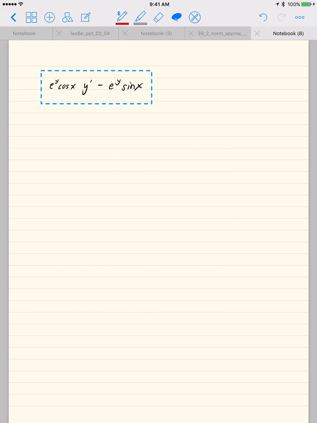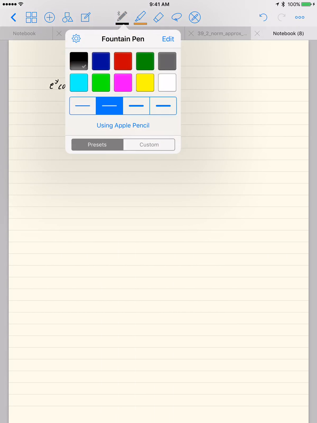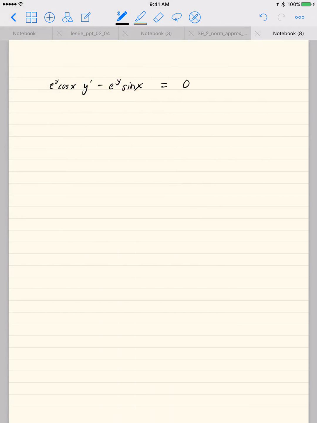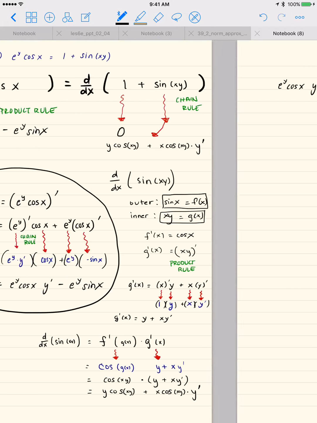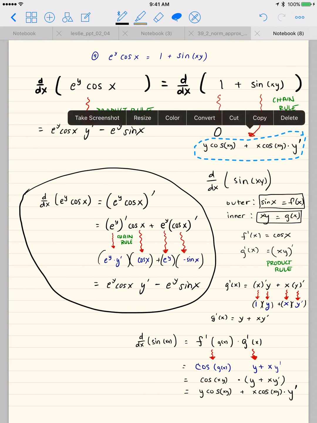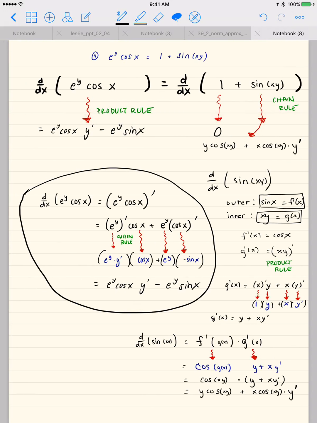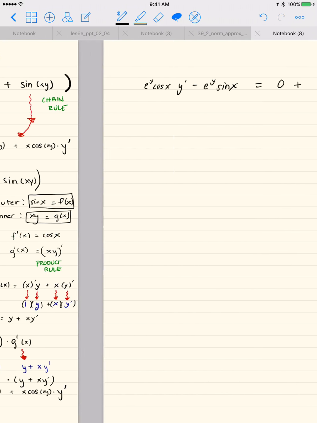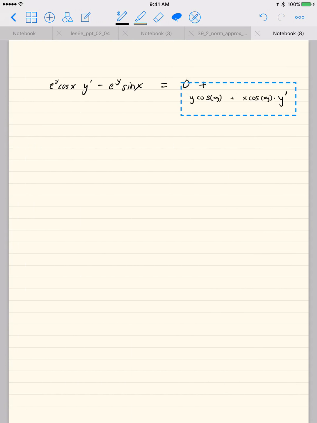So I've got this is equal to 0 plus, we can go over here, copy, paste.